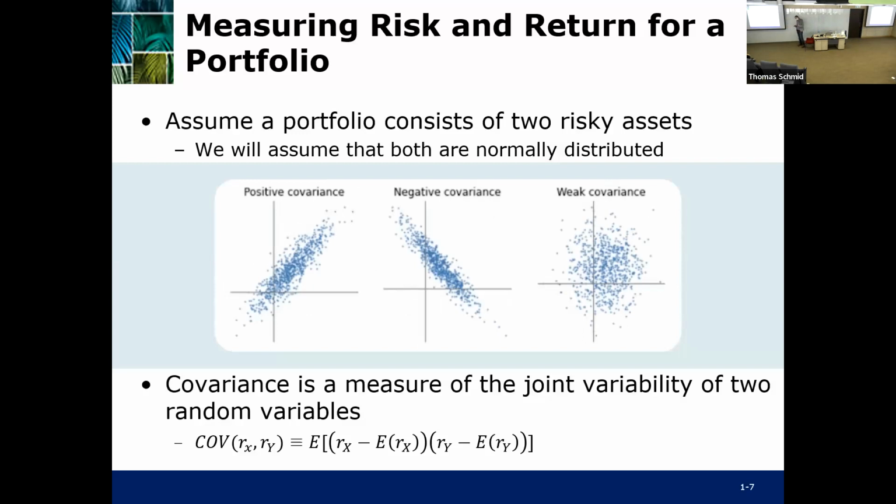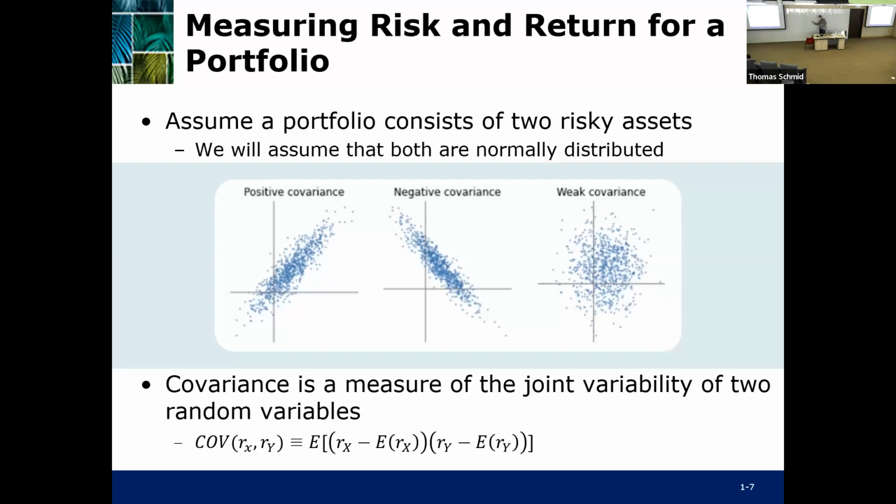You can also achieve a diversification benefit if there is no correlation, or even positive correlation. The only case in which you cannot have a diversification benefit is if two risky assets are perfectly positively correlated. That means one goes up, the other also goes up all the time. In this case, there is no diversification benefit.